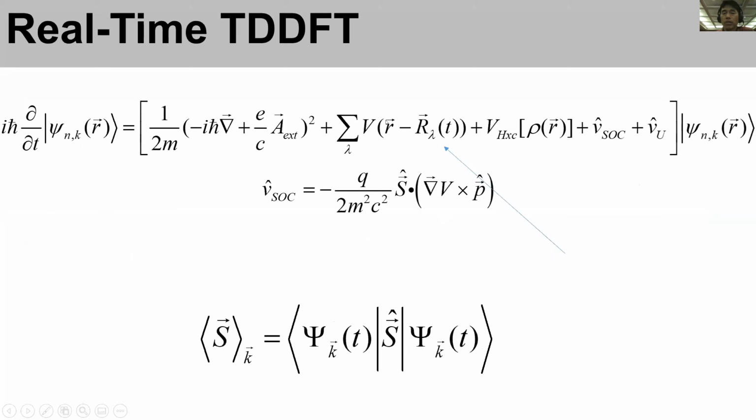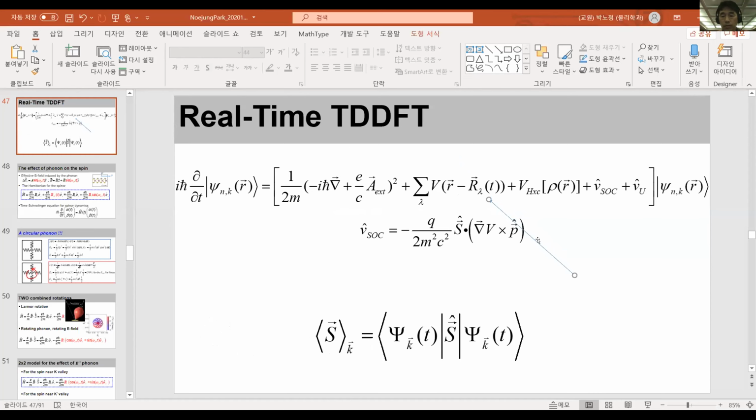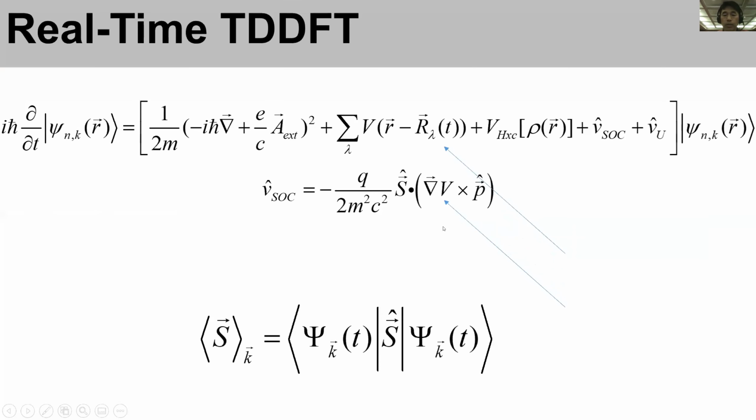You can say that the potential originates from the center. We provide this oscillating scalar potential in the Kohn-Sham scheme, because this oscillating scalar potential also affects the spin-orbit coupling term.